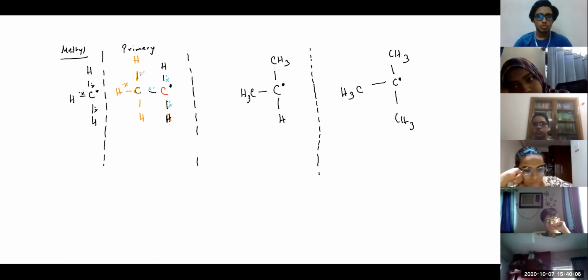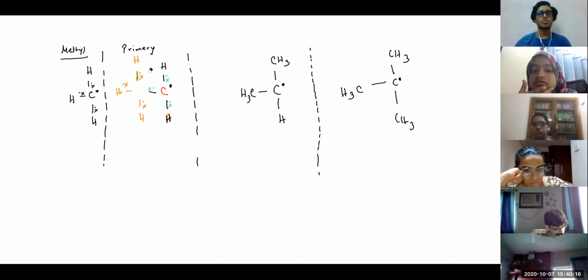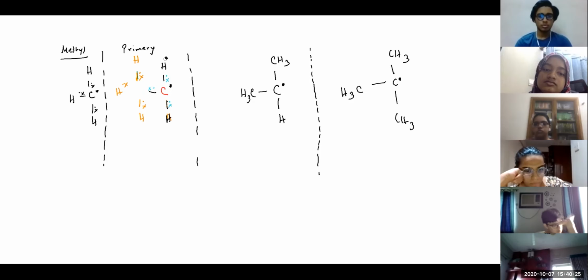Dot and cross, dot and cross, dot and cross. Acha. So if we take the red carbon, how many electrons are around the red carbon? 7. And how many are around the orange carbon? 8.